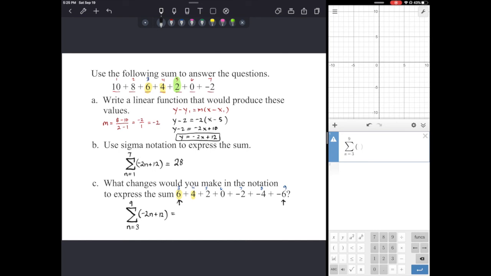And we're doing our negative 2n plus 12. And in that case, you'll see it ends up equaling 0. And I guess we could have just looked at it and realized that 6 and negative 6 would cancel, 4 and negative 4 would cancel, 2 and negative 2 would cancel, and you'd be left with 0.